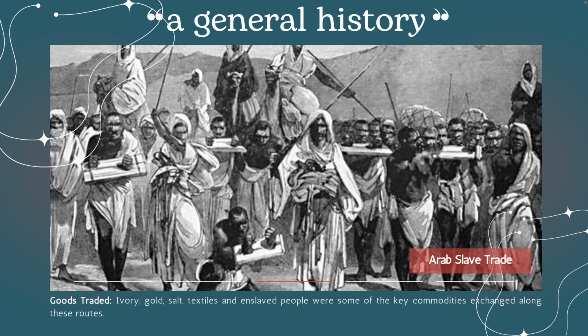Sadly, most of the slaves were moved from continental Africa to North Africa to be sold to Mediterranean and Middle Eastern civilizations. It's estimated that 6 to 10 million slaves were taken from continental Africa to the Arab world. Arabs managed and operated the Trans-Saharan slave trade, although Berbers were also actively involved.